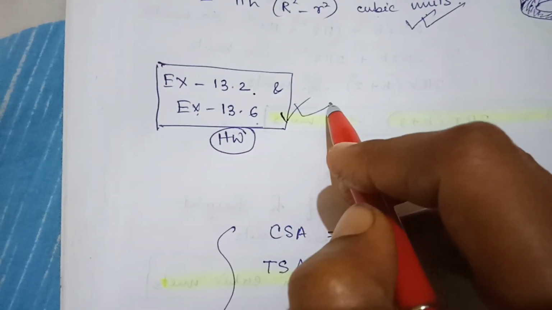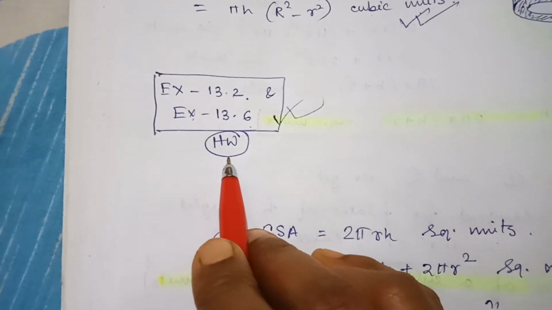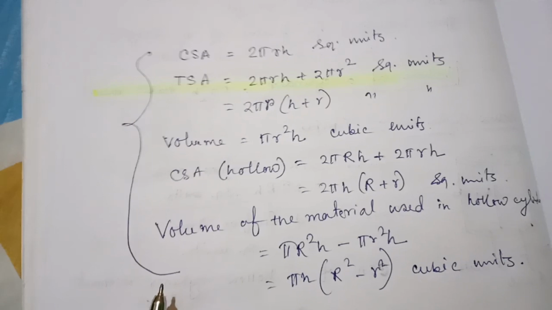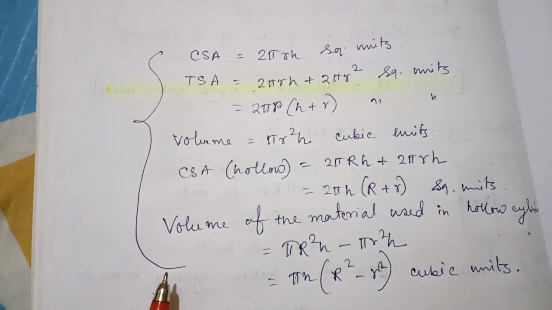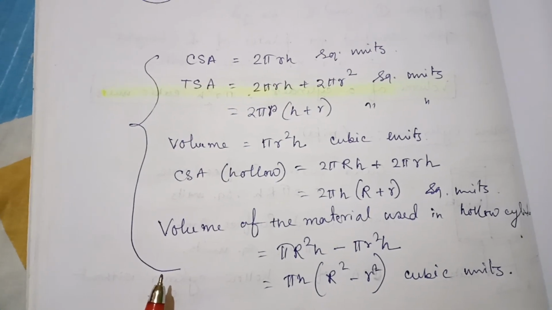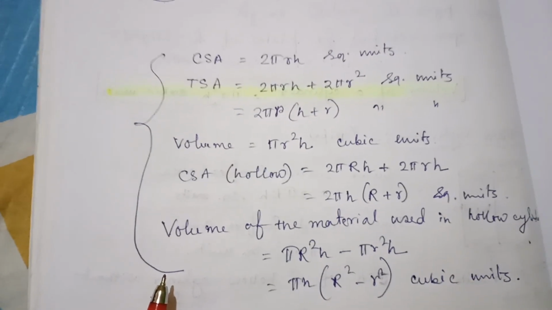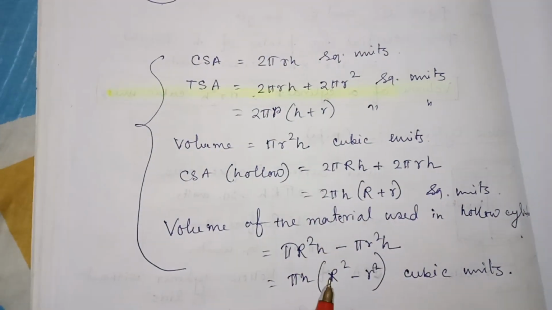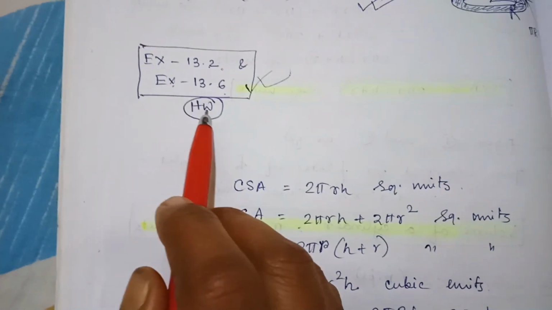These two exercises, all questions will be your homework. So, this is all about today's session. I hope you have understood all the formulas and the topic as well. And I hope that you can apply all these formulas properly in all questions of your homework.